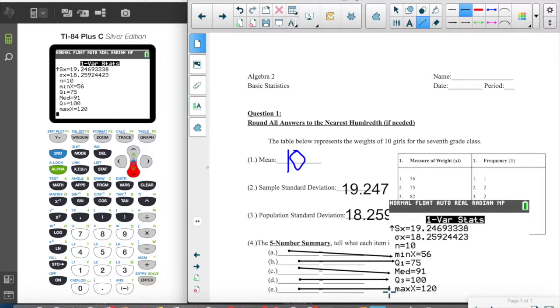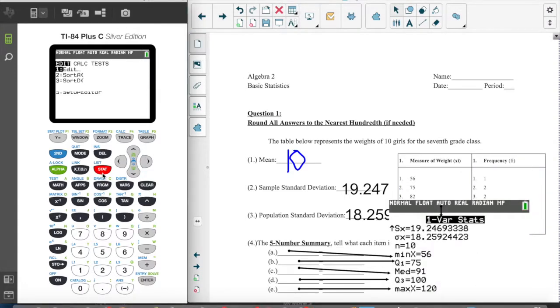So our mode, which would be the number that comes up the most, is 100. The reason we can say this is because when we go into the stat edit and look at the chart, the only one with 3 as the frequency is 100.